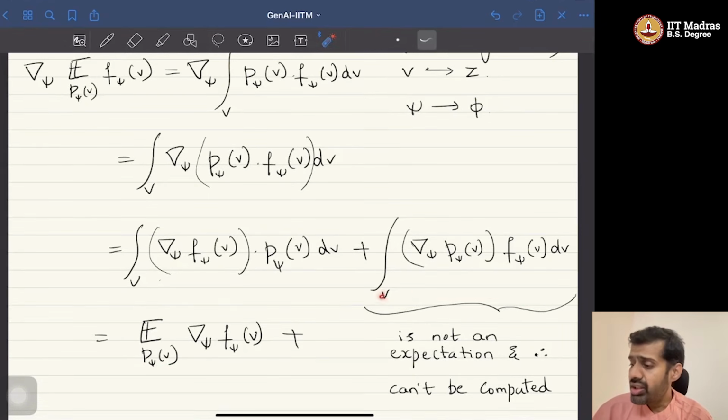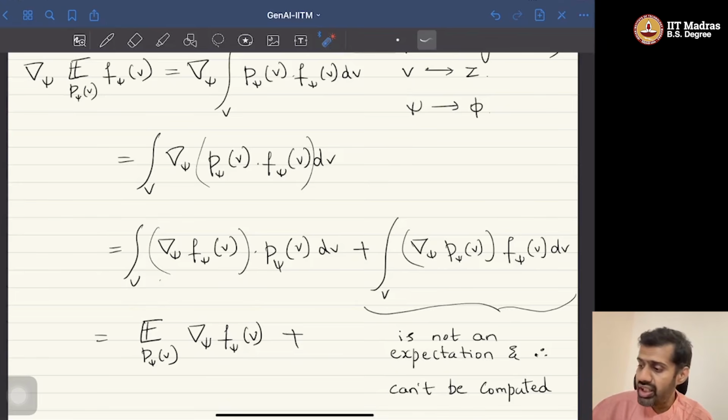However, the second term cannot be computed because it is not an expectation. Why is it not an expectation? Because f psi of v is not a probability density function. Had it been a probability density function, we could write this integral as an expectation. But because it is not, this integral is not an expectation, and because it is not an expectation, we cannot compute it using sample averages.